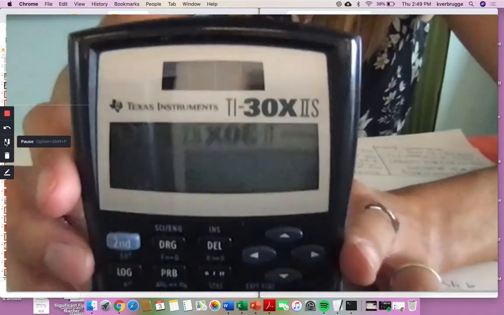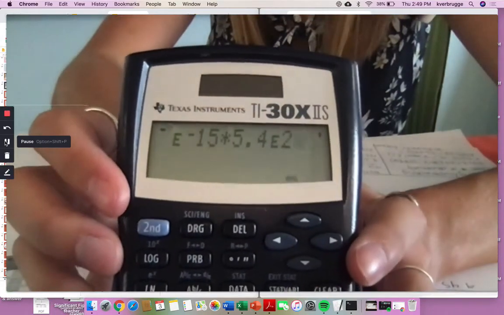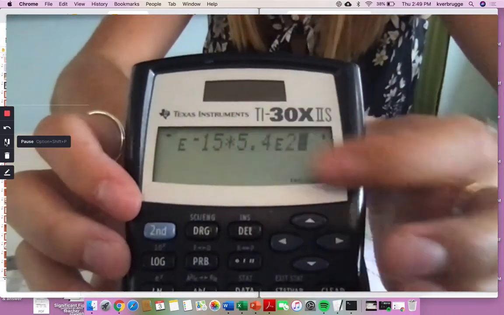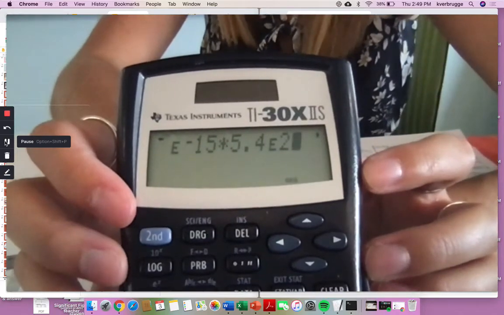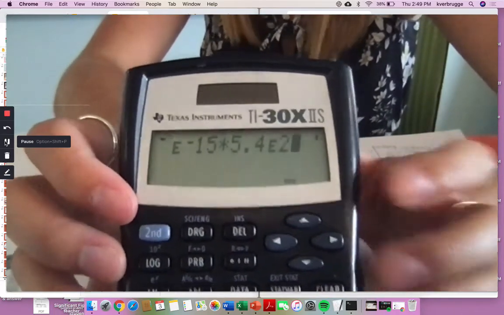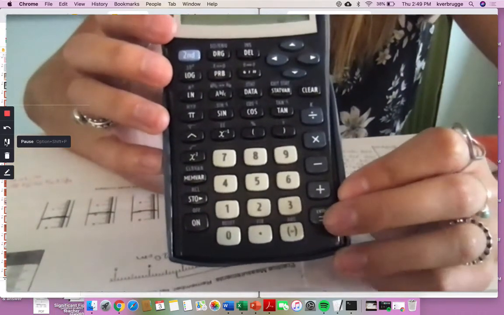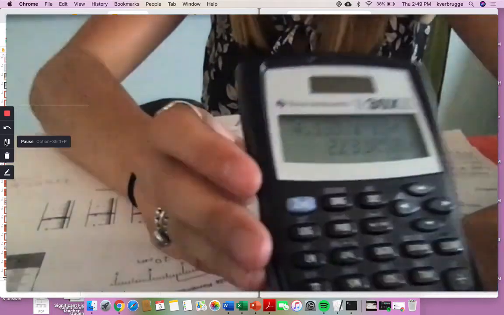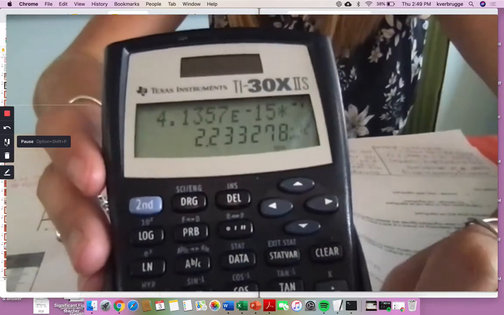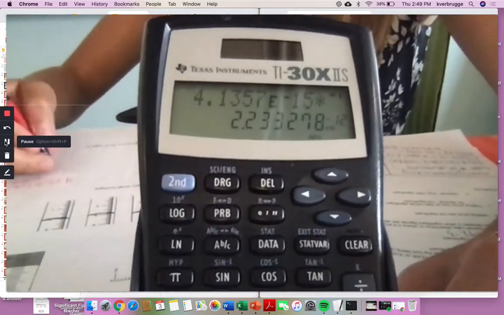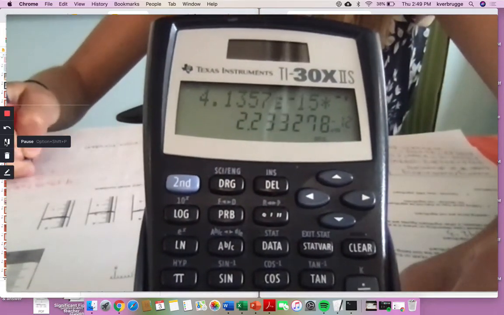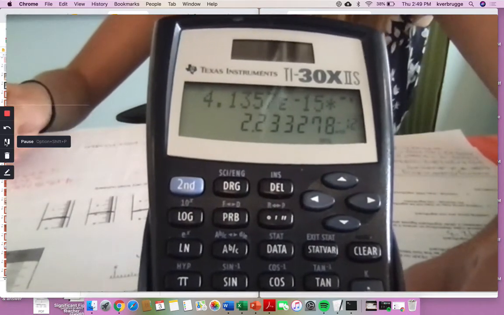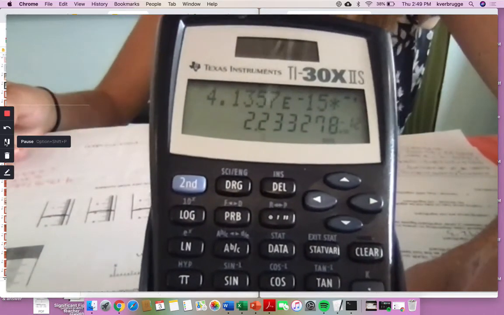Okay, so again, when typing my second number, I have times 5.4 E2, because that E means times 10 to the second. When I click my enter key, I then get my answer of 2.233 times 10 to the negative 12.